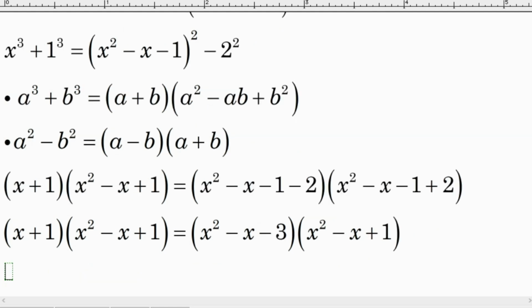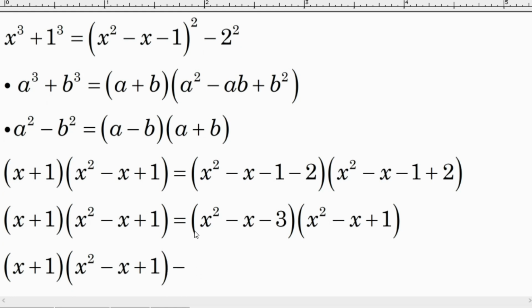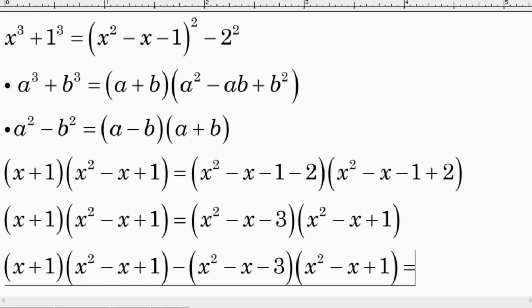The next step is to move the second side to the left hand side of the equation. When we move it to the left hand side, it becomes negative, and then equals 0.